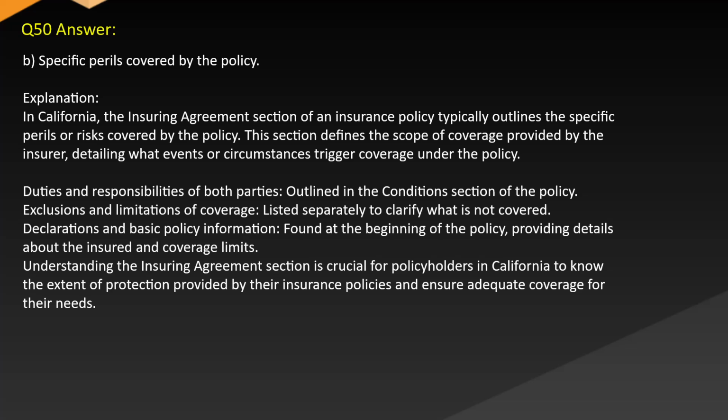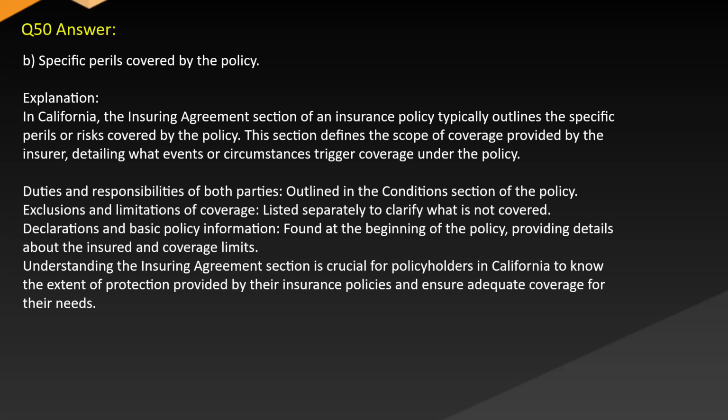Explanation: in California, the insuring agreement section of an insurance policy typically outlines the specific perils or risks covered by the policy. This section defines the scope of coverage provided by the insurer, detailing what events or circumstances trigger coverage under the policy. Duties and responsibilities of both parties are outlined in the conditions section of the policy.